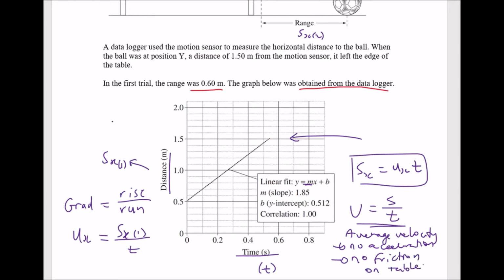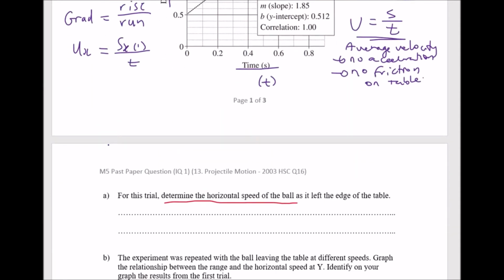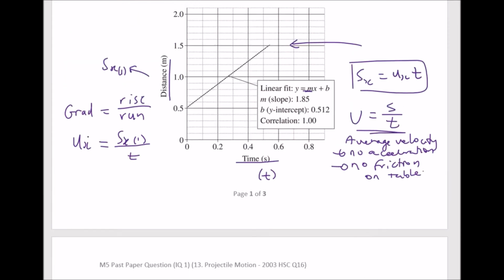So what we can find is that ux, or the gradient value, is just 1.85 meters per second, because on this graph here, the slope is 1.85. So that is also our horizontal velocity.